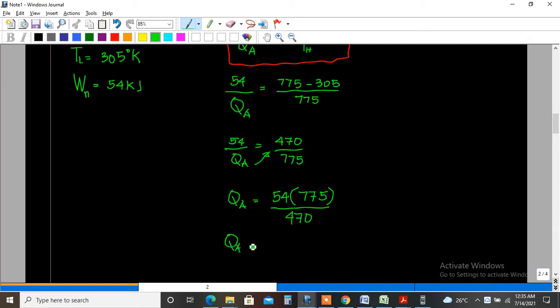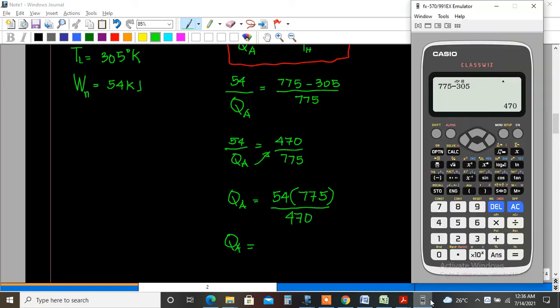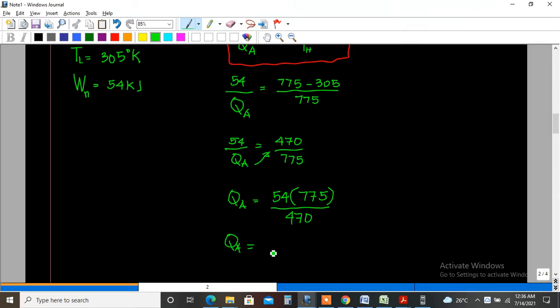So QA is equal to 54 times 775 divided by 470. That is equal to 89.0426 kilojoules of heat added.